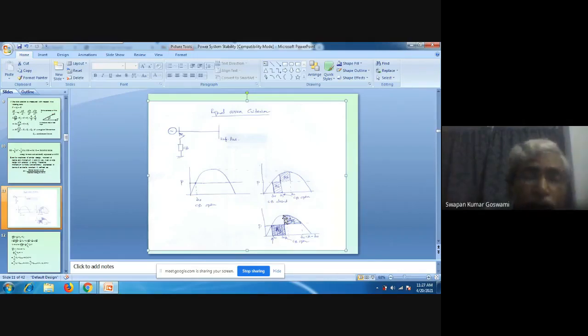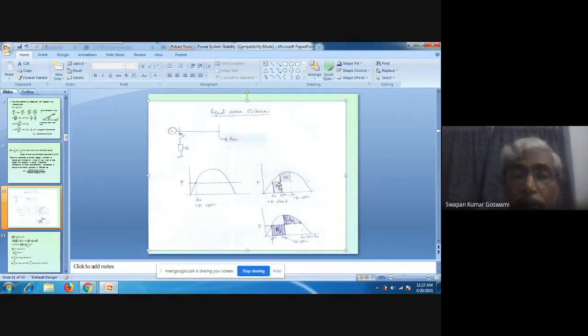Okay. So what is the situation you are observing here? For restoring synchronism or for maintaining stability of the generator, it is required that two such areas are available. One is the accelerating area, another is the retarding area, you can say.